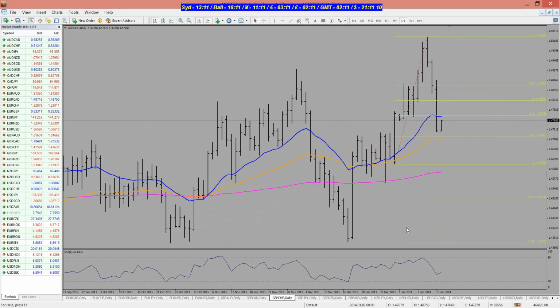Interesting move. Certainly a lot more sellers than buyers at this stage. And having had a cycle above the 50, we need to wait and see more buying, like the Aussie crosses.